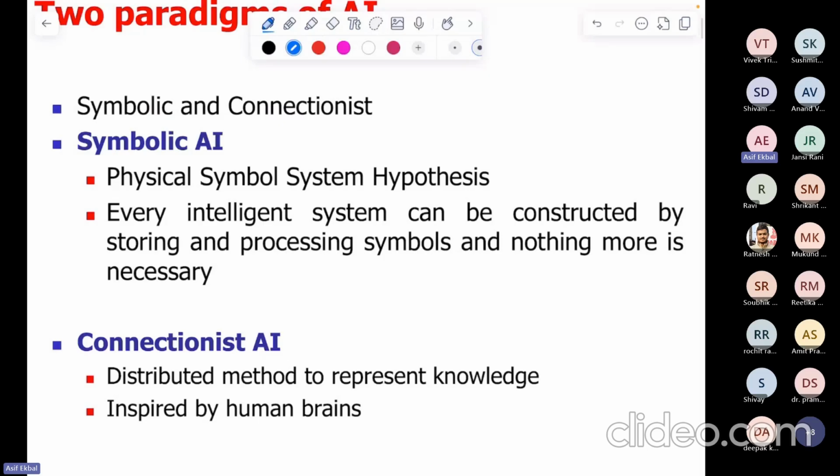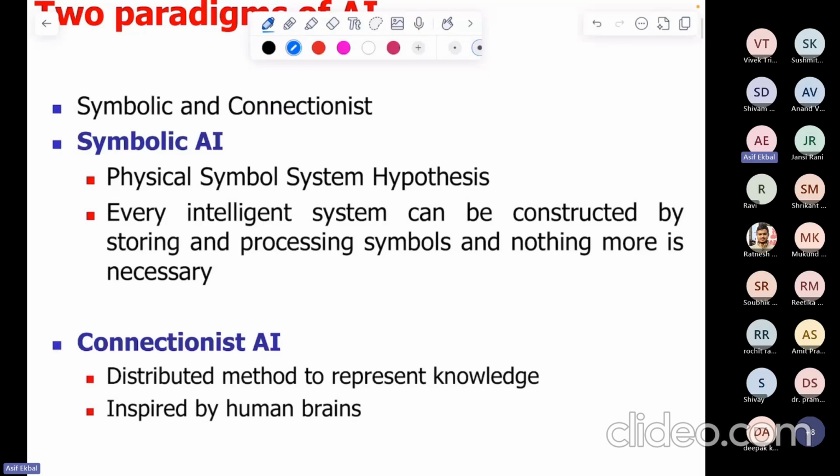The main difference is that connectionist AI you can consider like the human brain, where all the neurons are connected to each other. As humans, we can do a lot of parallel and distributed processing. For example, sitting in the class, listening to this lecture, maybe you are also thinking about something else outside the class, either consciously or in our subconscious mind.